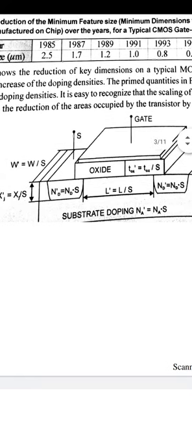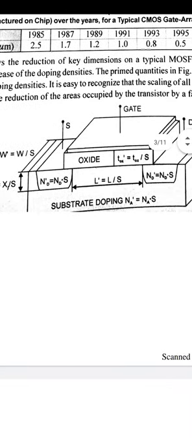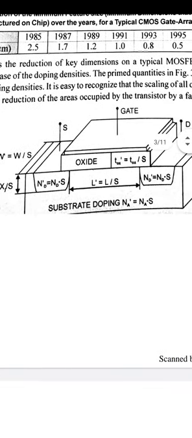When we talk about the doping densities, the higher concentration densities of source and drain are multiplied by a factor of S, denoted in this diagram as ND times S for source and ND times S for drain.